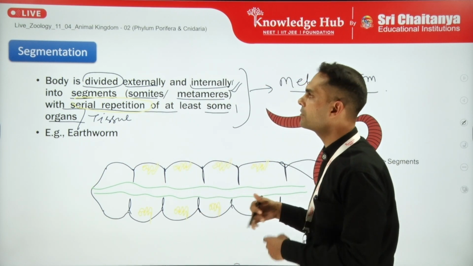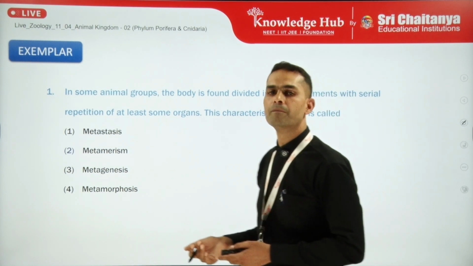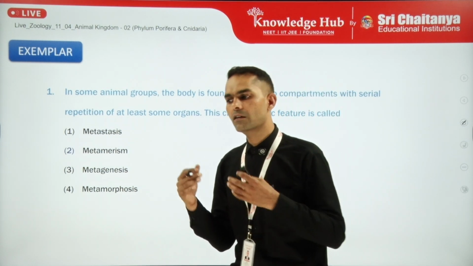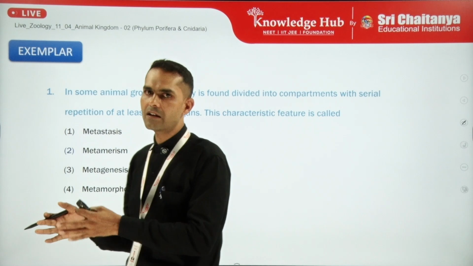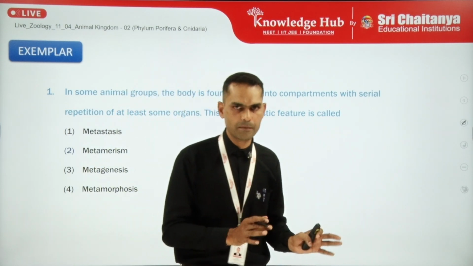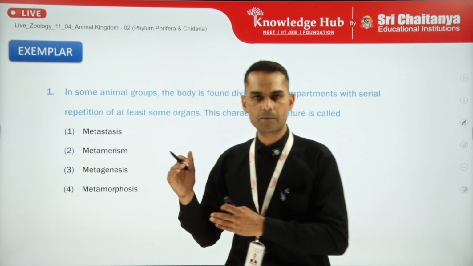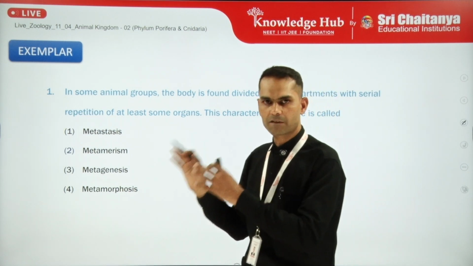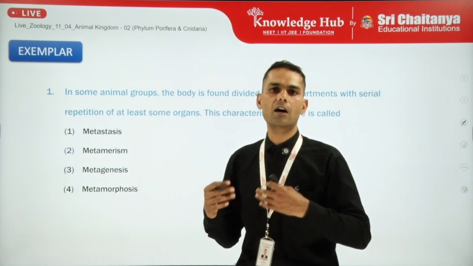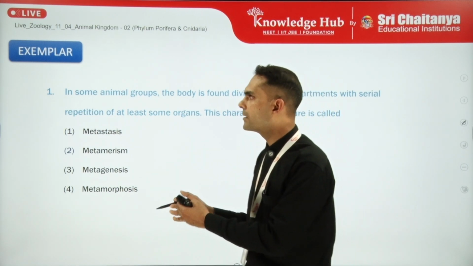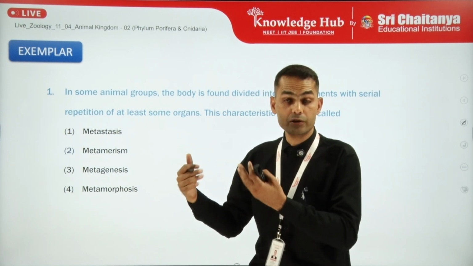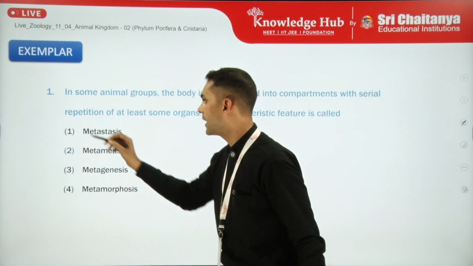Now if we talk about the other segmentation, for example, the other segmentation could be heteronomous segmentation or homonomous segmentation. We will take a look at each one by one with the definition part, but first let's take a look at how the NEET questions are coming in the examination.